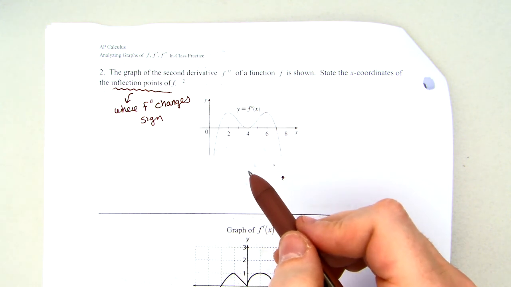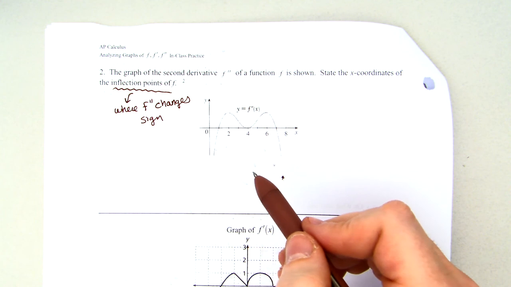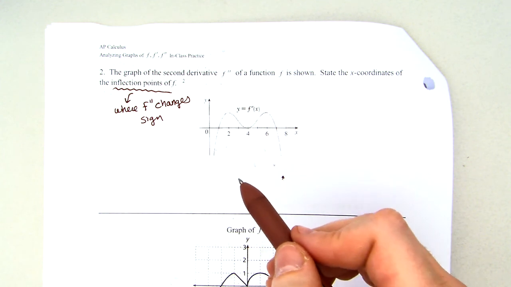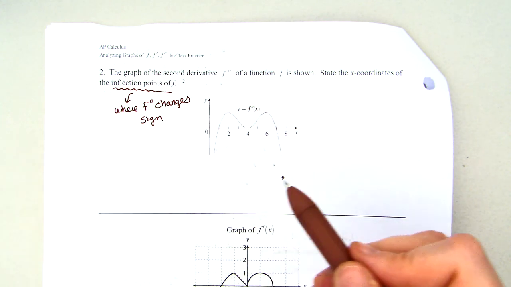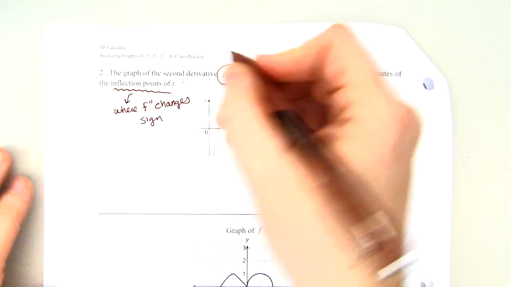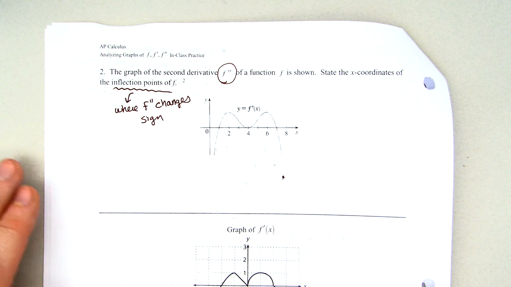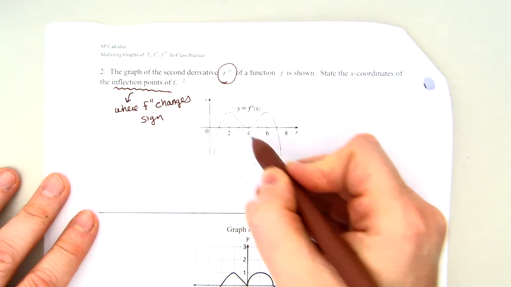Y values? But I did slope on the previous page to find points of inflection. Why am I looking for where the y values are changing sign? Because we're given f double prime, not f prime. All these problems are different based on what you're given. We have f double prime. I want to know where f double prime changes sign. Do you see why that means we're looking for where the y values will change sign?